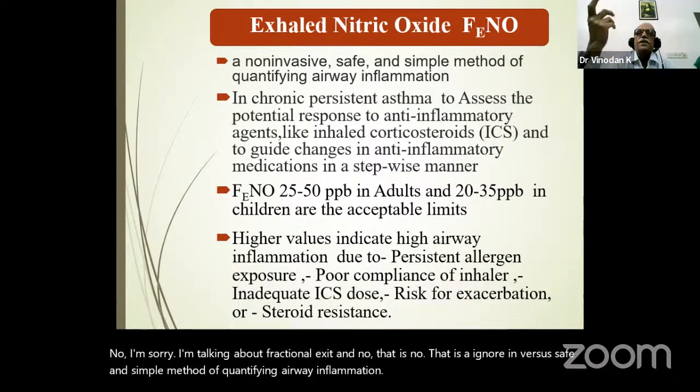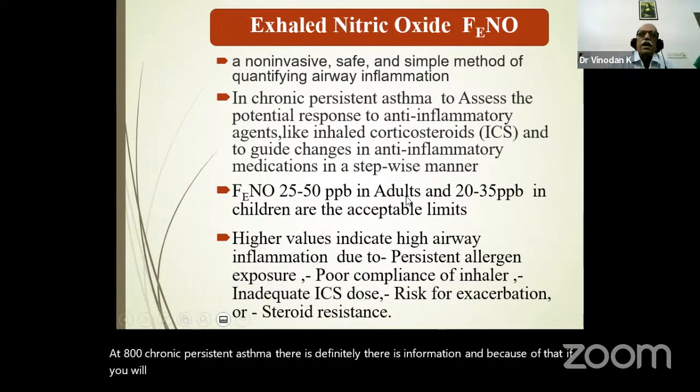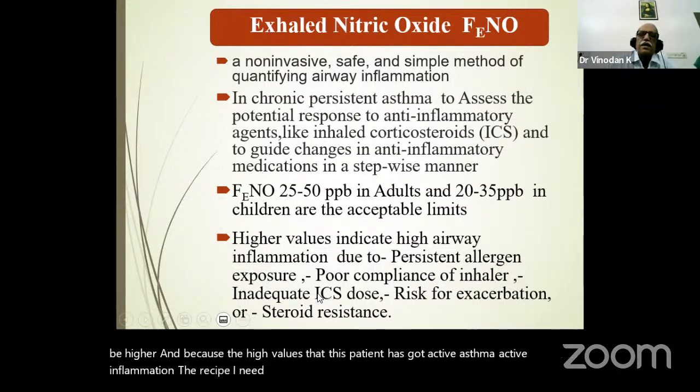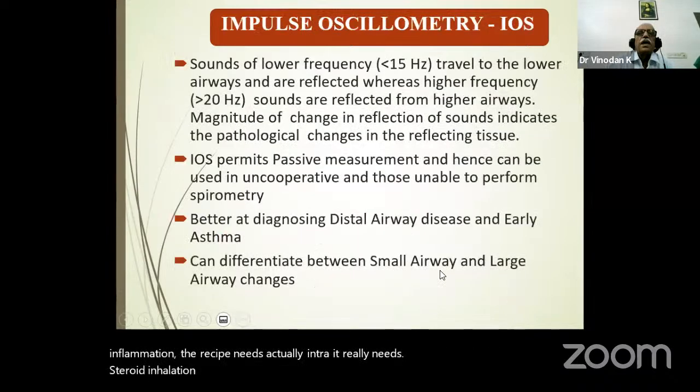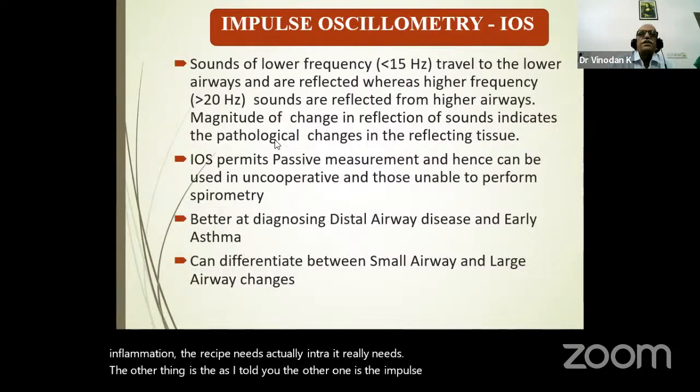In chronic persistent asthma, there is inflammation, and because of that, FeNO will be higher. Because of the high values, you know that this patient has active asthma, active inflammation in the respiratory tract, and really needs inhaled corticosteroids.